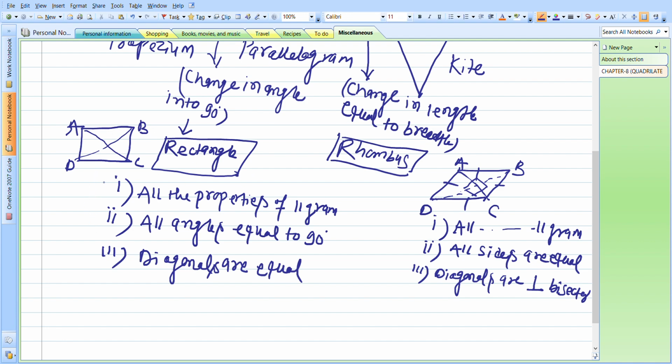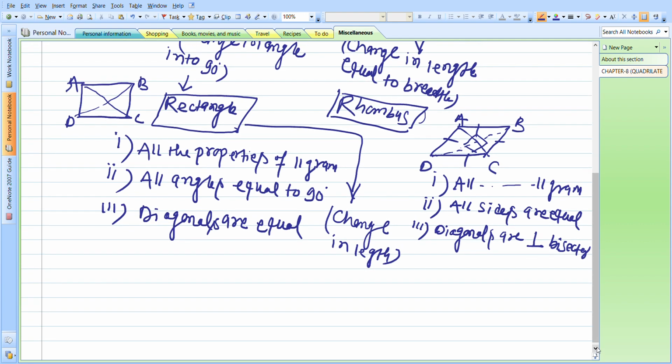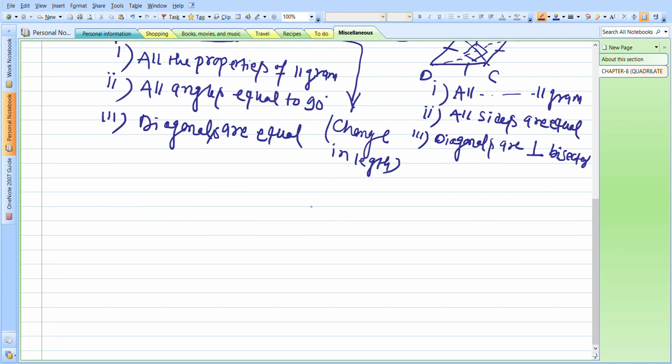In a rectangle, only opposite sides are equal; when you change the length, it becomes a square. So square means all the sides are equal.